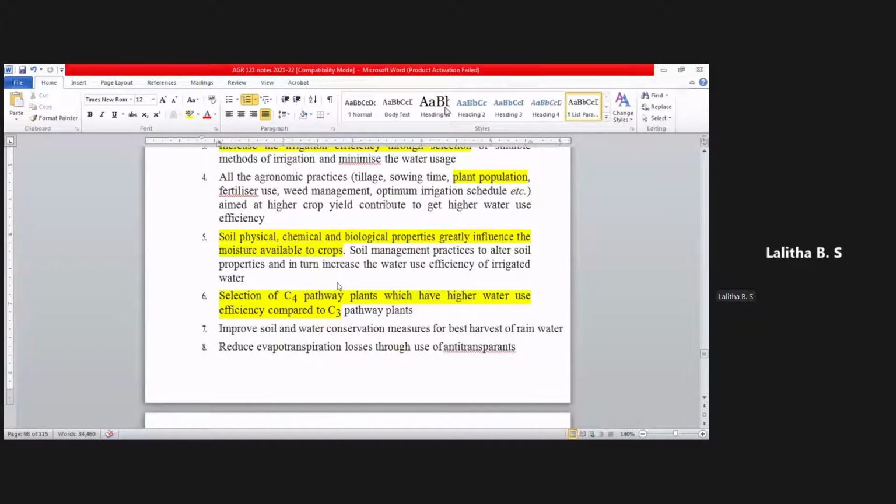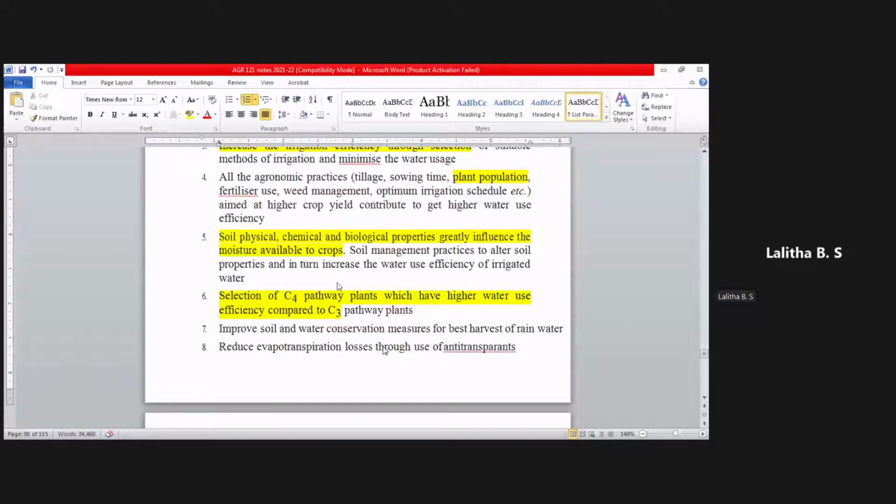Improved agronomic measures include soil and water conservation methods and rainwater harvesting. Wherever it is possible, we have to conserve the rain water, so that the water we are drawing from the ground can be reduced.